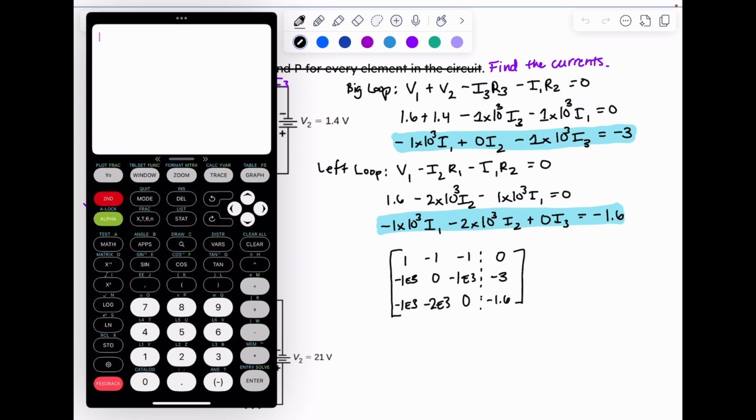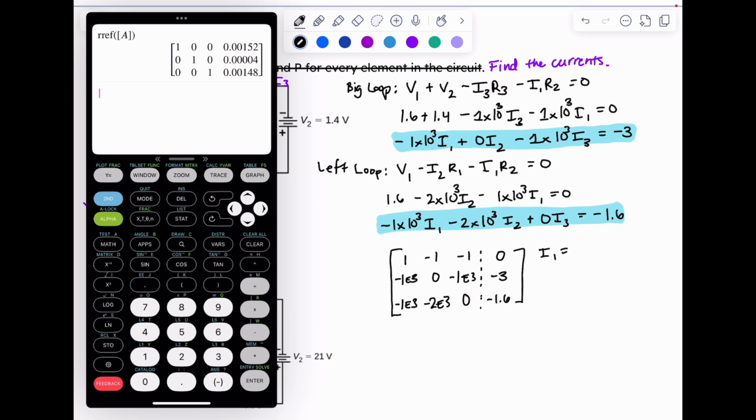And then I'm going to go back into the matrix menu, and then I'm going to hit math. And then we want to find RREF, so reduced row echelon form. Then I'm going to go back into the matrix menu. I'm going to select my matrix A, and then what reduced row echelon form does is it finds us a solution for each variable. So when we read this, that first line was 1, so that's 1 I1, and that is 1.52 times 10 to the -3rd.